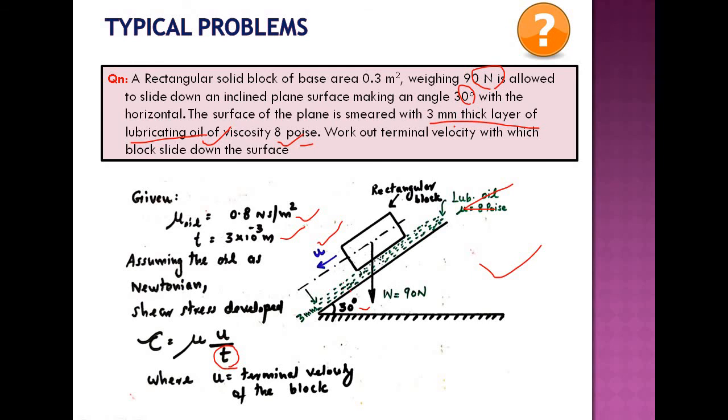So velocity of the layer that is adjacent to the block will be having the terminal velocity of the block itself. So that is u. Okay, here velocity is u, and here velocity is 0. So difference in velocity will be u minus 0, that is u itself, and dy is the thickness T, so u by T. So mu into u by T.